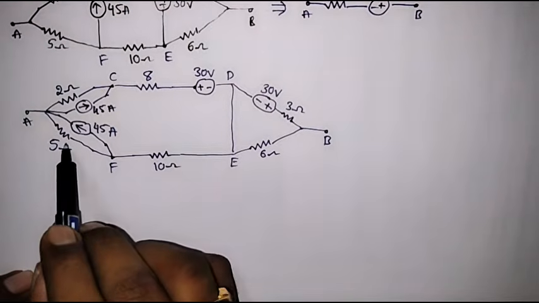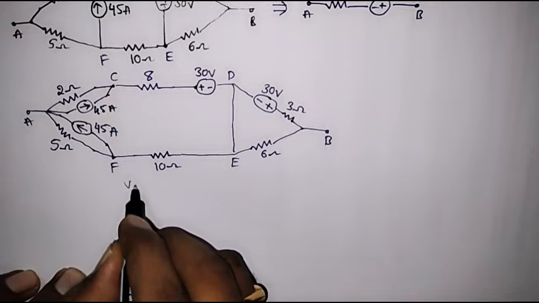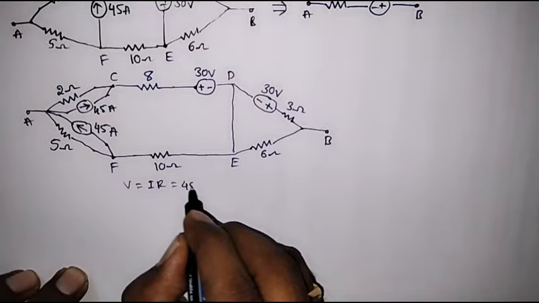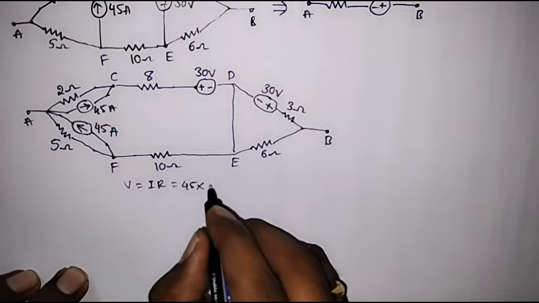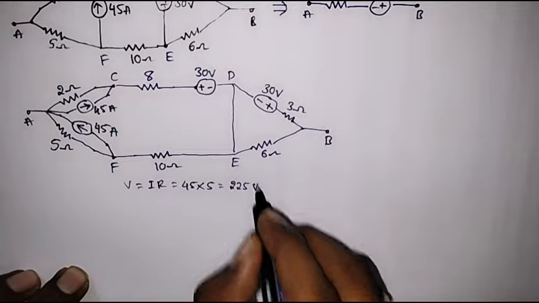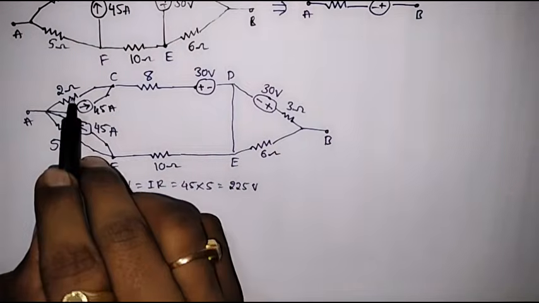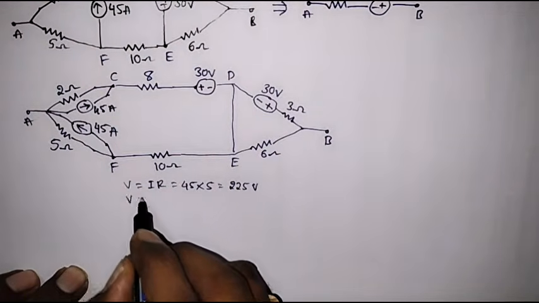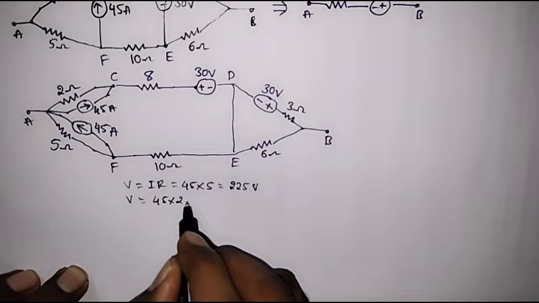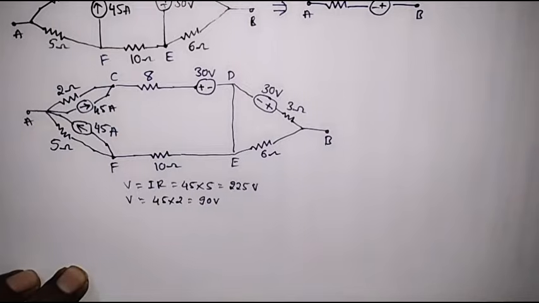If I apply source transformation here, we know that V is equal to I into R, that is 45 amp into 5 ohm, which is equal to 225 volt. And here we have another V which is I into R, that is 45 into 2, which is equal to 90 volt.